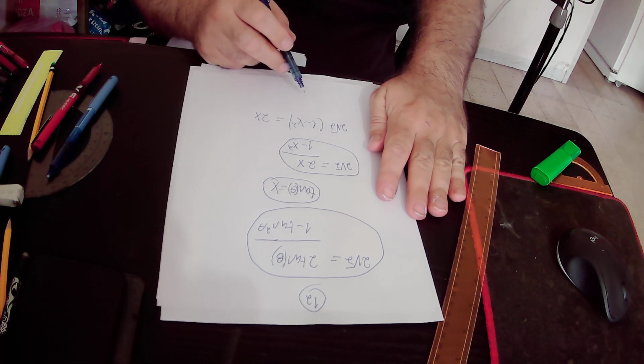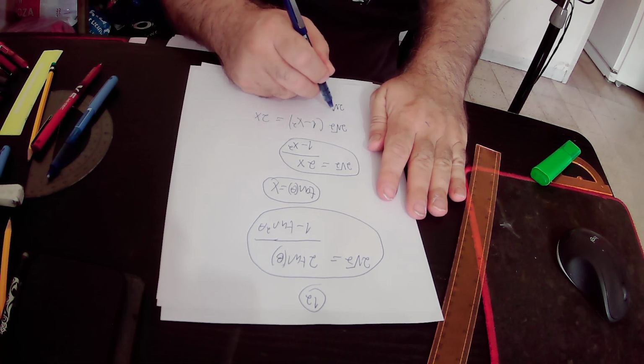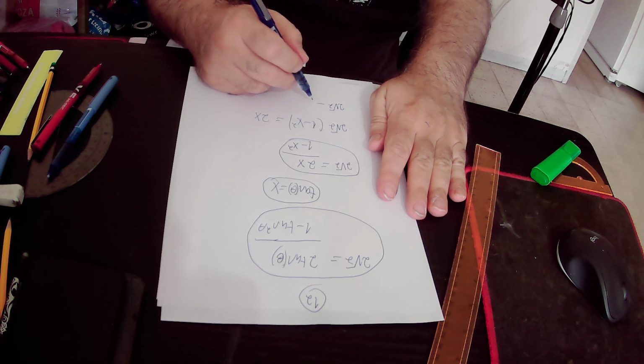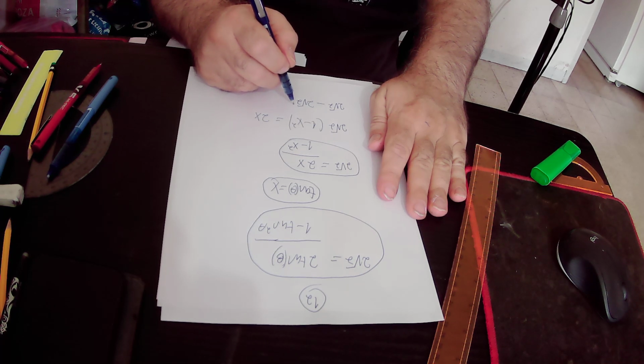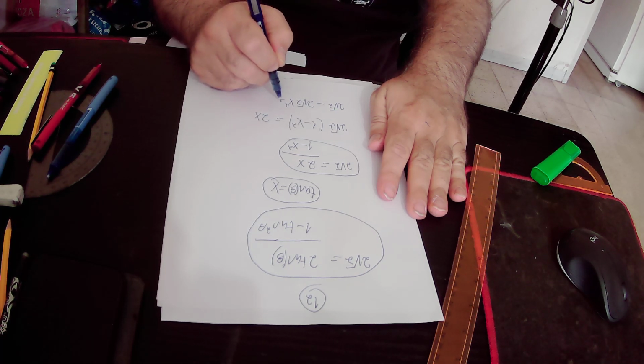We will open the brackets here. We will get 2 times root 2 minus 2 times root 2 x square equals 2x.